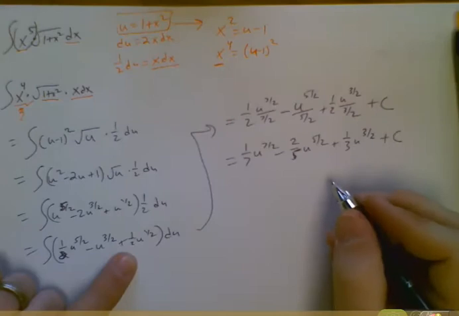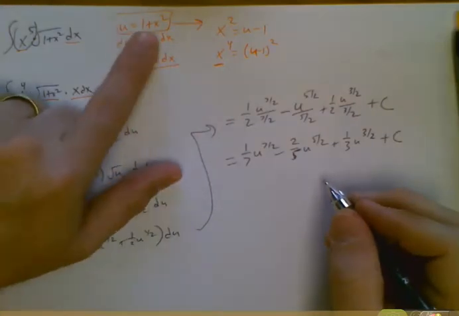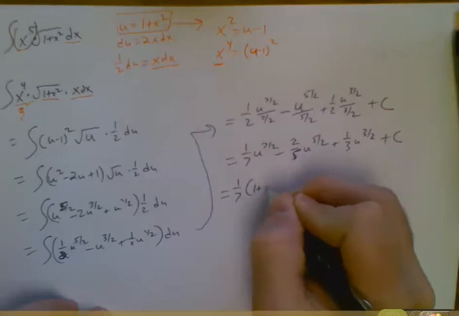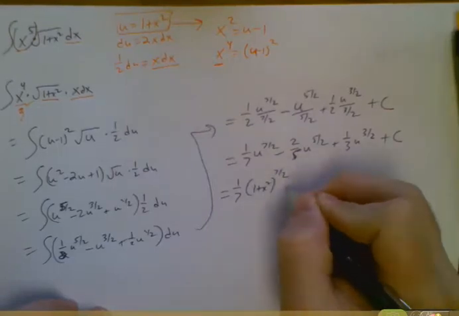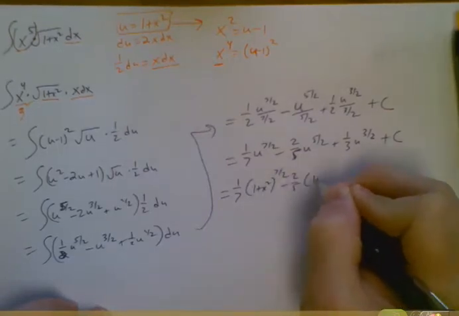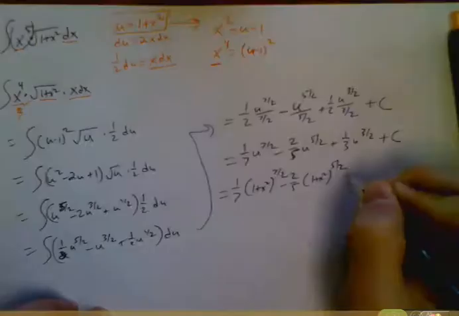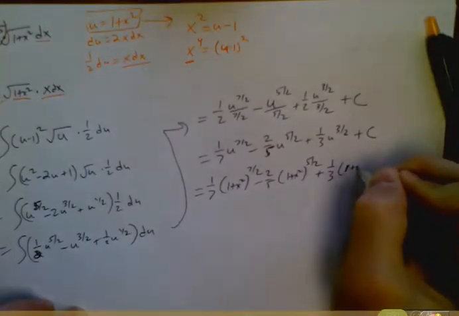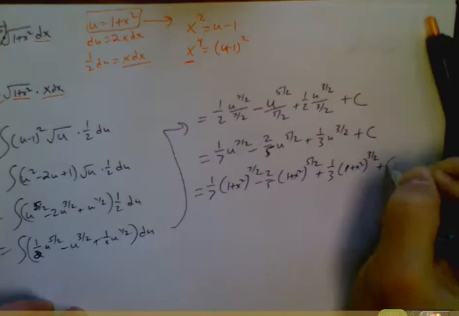And u we said was 1 plus x squared. So this is now 1/7 (1 plus x squared) to the 7/2 minus 2/5 (1 plus x squared) to the 5/2 plus 1/3 (1 plus x squared) to the 3/2 plus c.